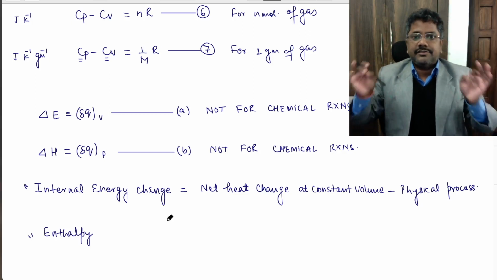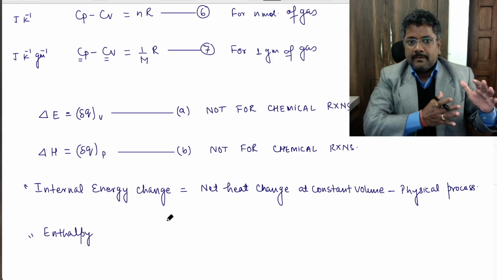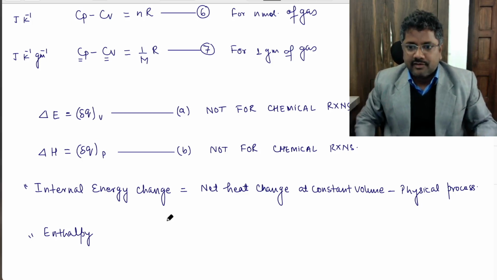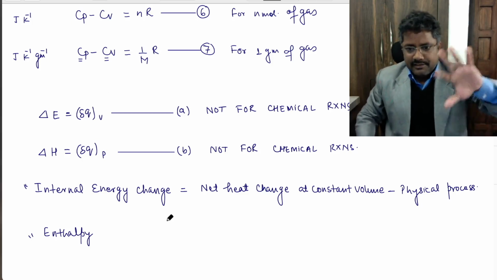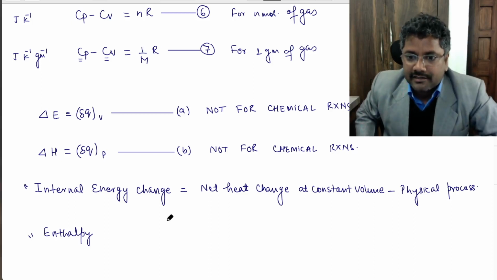Internal energy is defined for chemical reactions in a different manner. You cannot say that for any chemical reaction, internal energy change is equal to heat change at constant volume. Okay, this is equal to heat change, but some other rider will also be applied here.